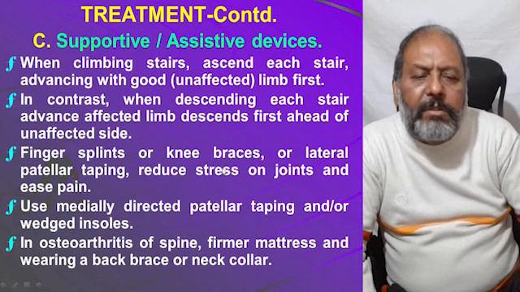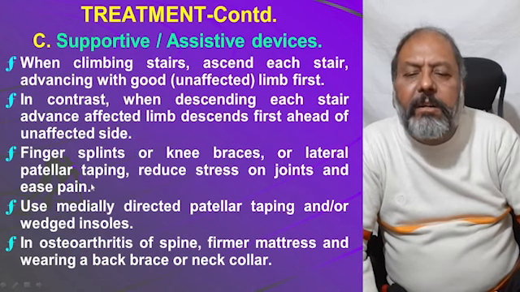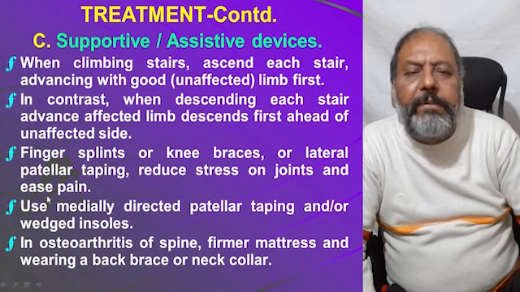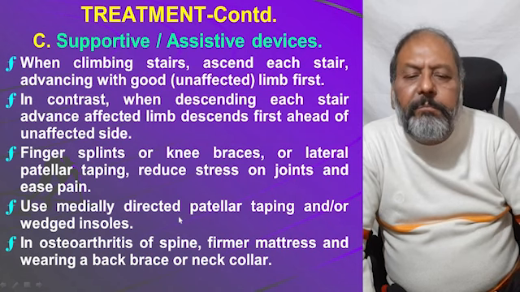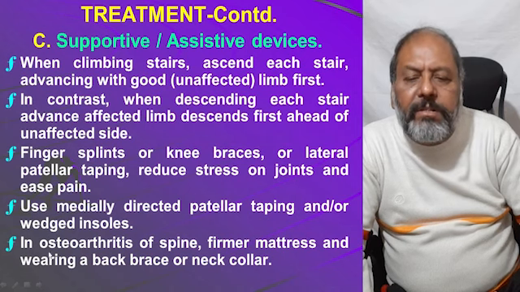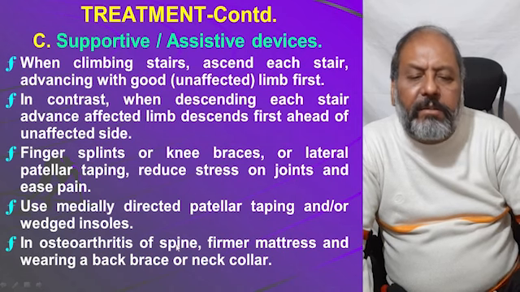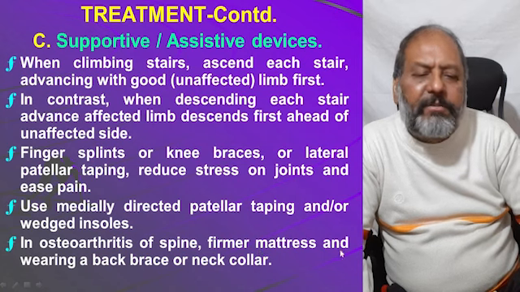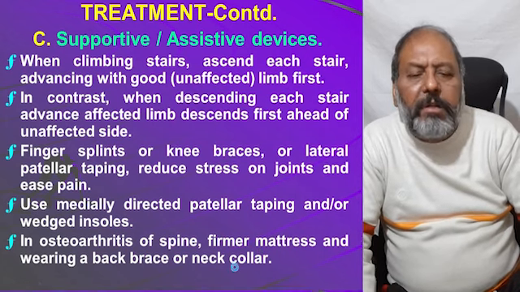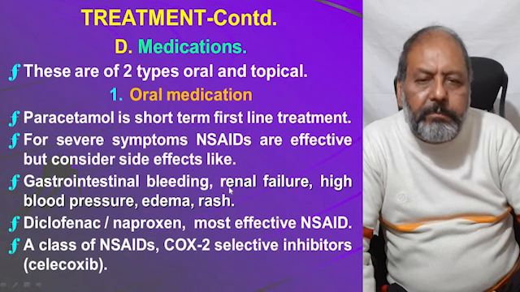Finger splints, knee braces or lateral patellar taping reduce the stress on the joint and ease pain. Use medially directed patellar taping or wedge insoles. In osteoarthritis of the spine, a firmer mattress and wearing a back brace or neck collar will also be helpful.